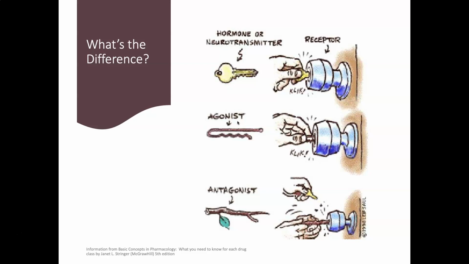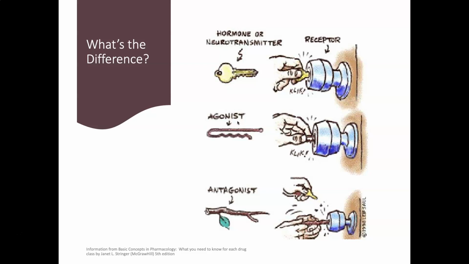She is like an agonist, a medication agonist. She is not the original key, but she's using another that can act as the key and can open the door. That is an agonist.